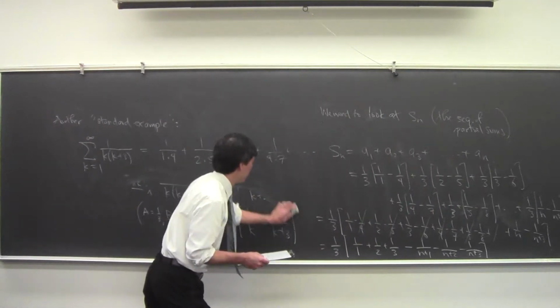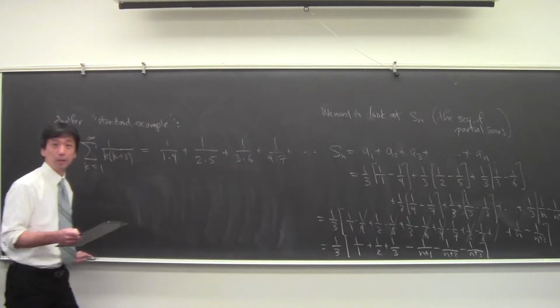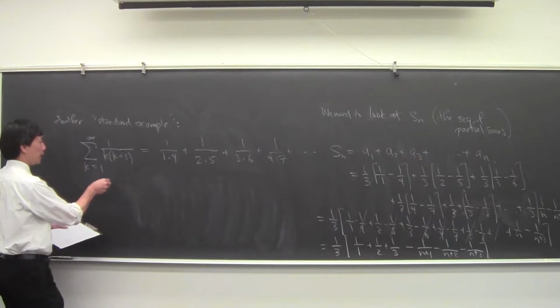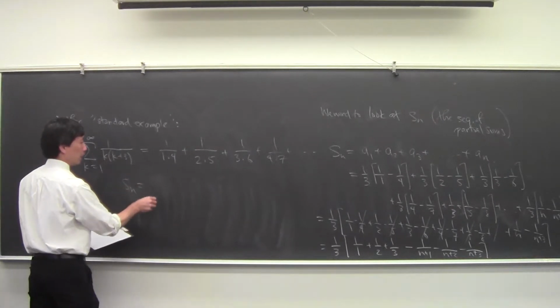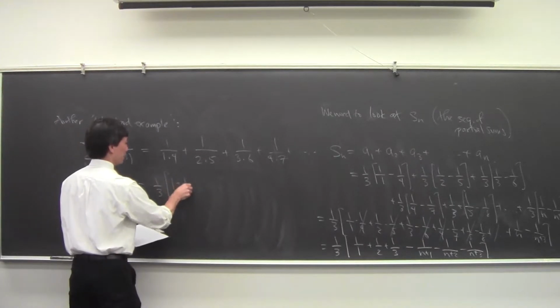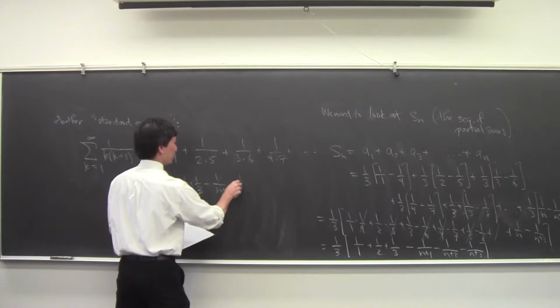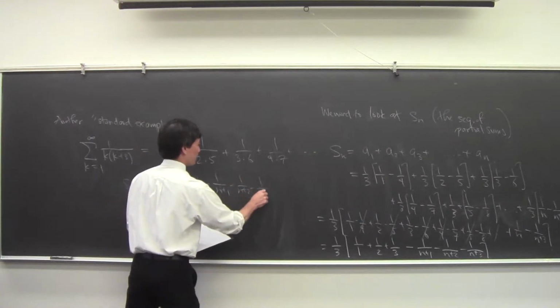So the partial sum is 1/3 of 1 plus a half plus a third minus 1 over n plus 1 minus 1 over n plus 2 minus 1 over n plus 3.